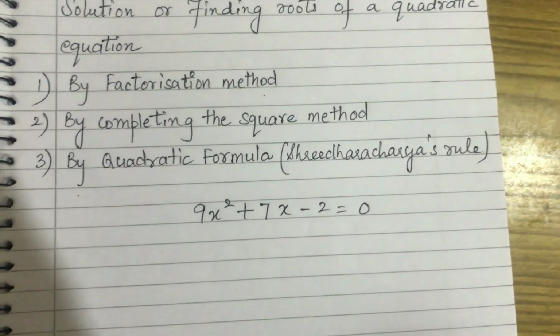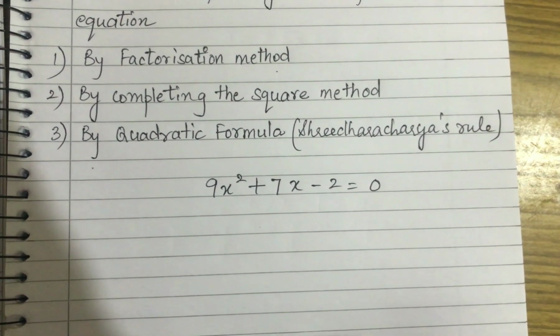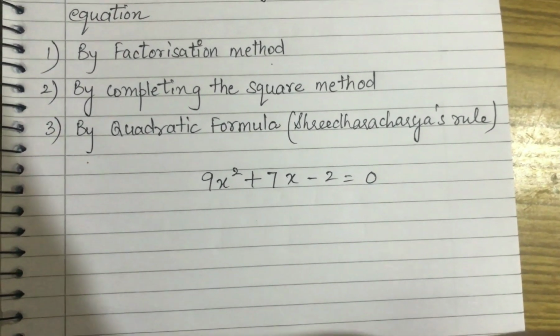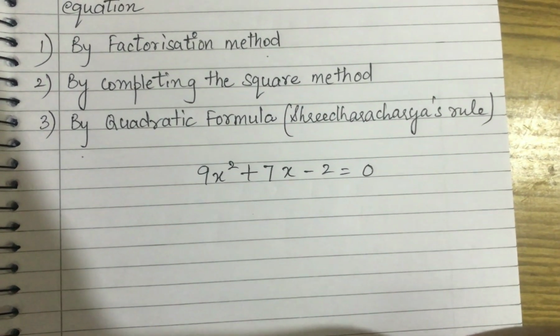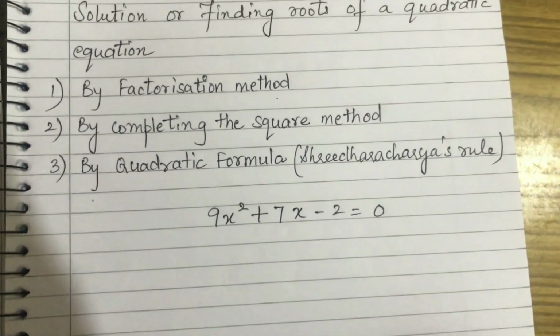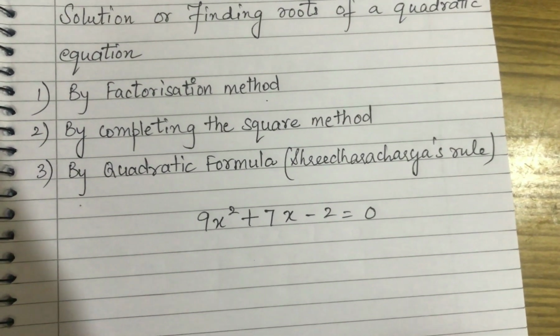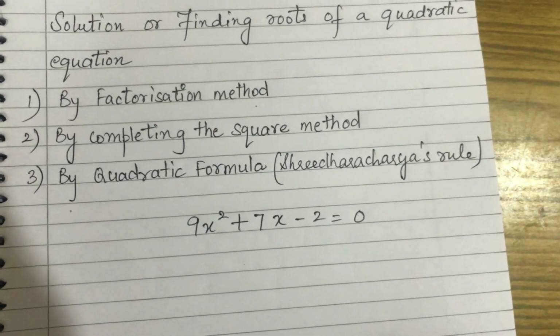Out of these three, I will be discussing only quadratic formula here because it is the easiest method to find the roots. You can even find the complex roots using this method, and I am sure after learning this method you will hardly apply any other method unless it is written specifically in the question that you have to do the question by factorization method or by completing the square method.